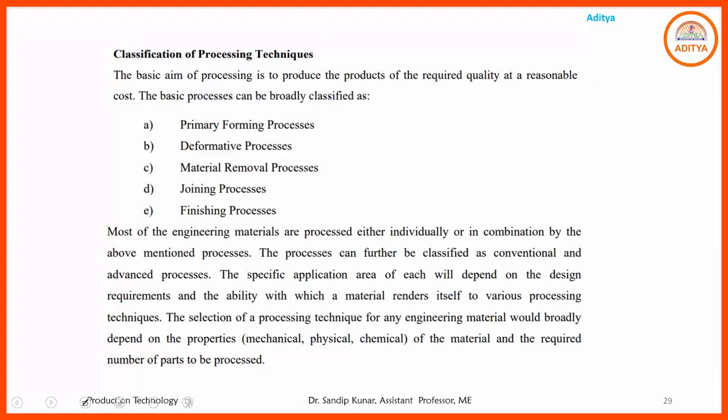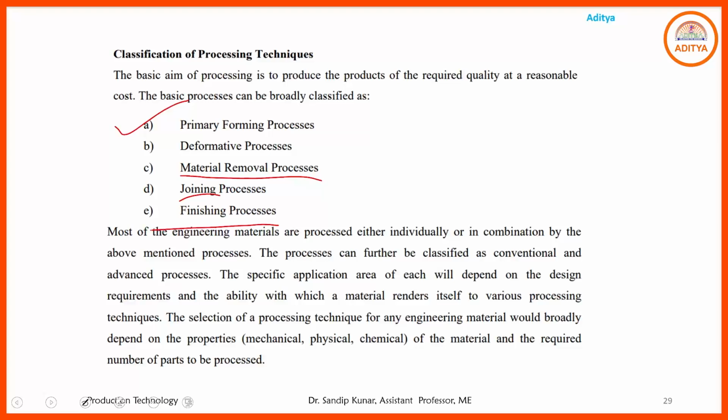Now some classifications. What is the classification of the processing techniques? First is the primary forming process, second is the deformative process, third is the material removal process, fourth is the joining process, and then the finishing process.